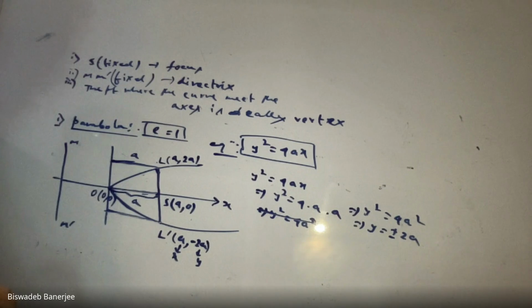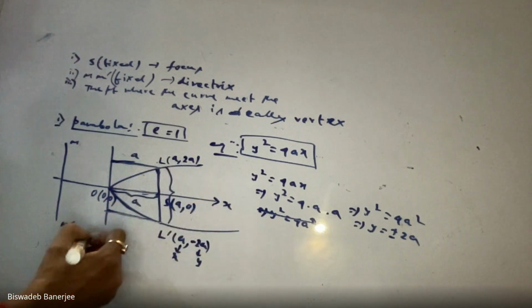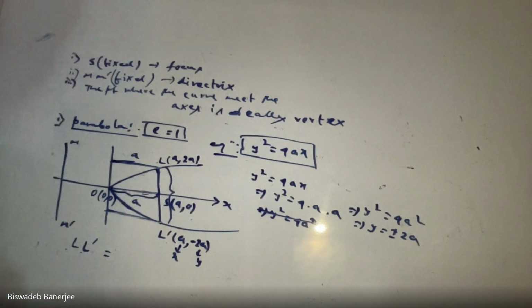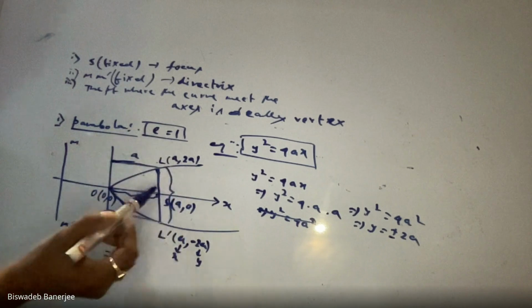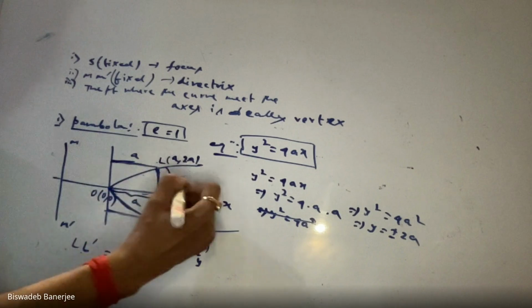Okay. In that case, if you calculate this distance LL dash, what will this distance be?